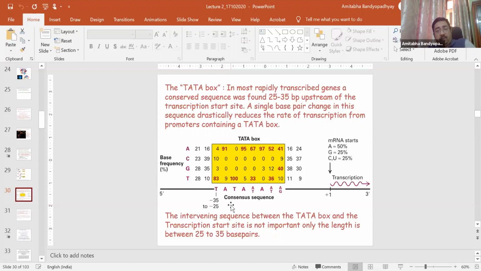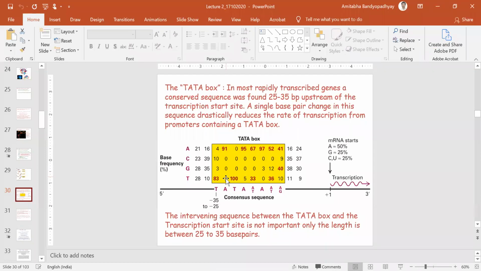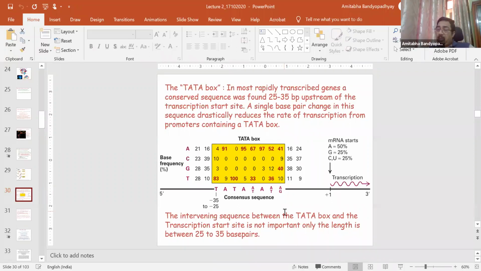So it does not rule out the possibility that for a particular gene in the promoter, in this location, there is actually a G instead of an A. It is possible, right? The moment that happens, that promoter sequence is a little bit off from the consensus.